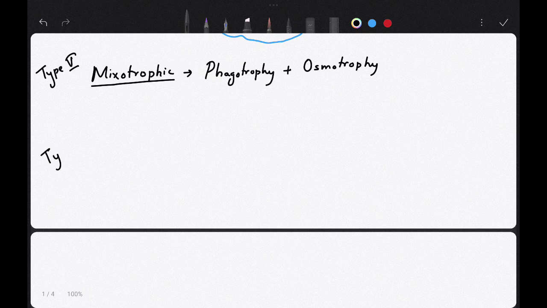And the last, type 6, is parasitic nutrition.